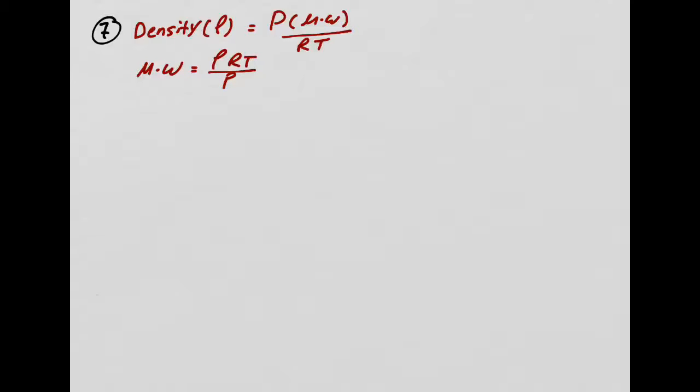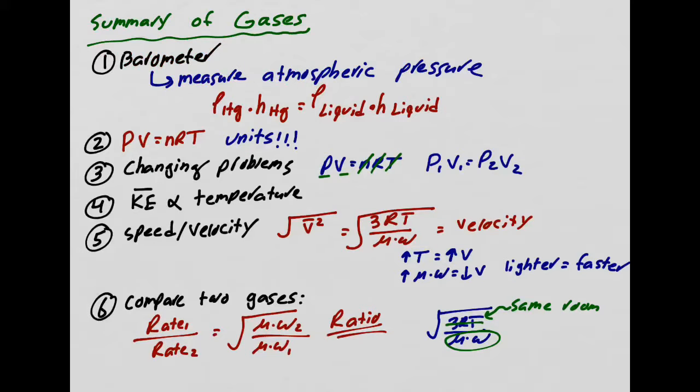Again, this is the same equation as this, I just rearranged it to solve for molecular weight. So far, so good? Okay. So this is good because this summarizes everything we talked about gases.